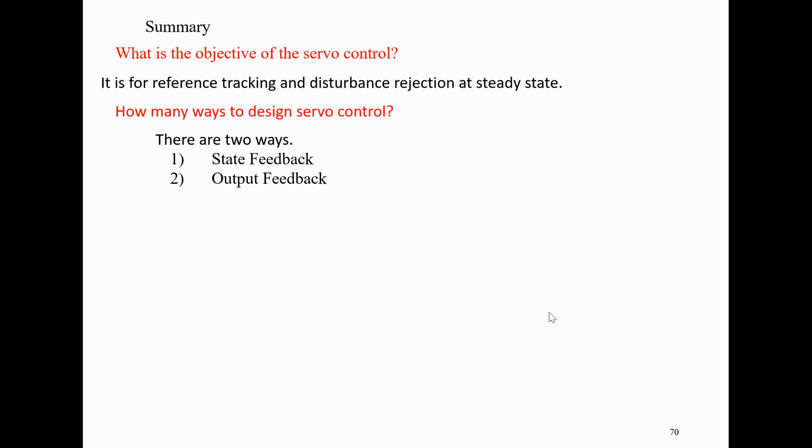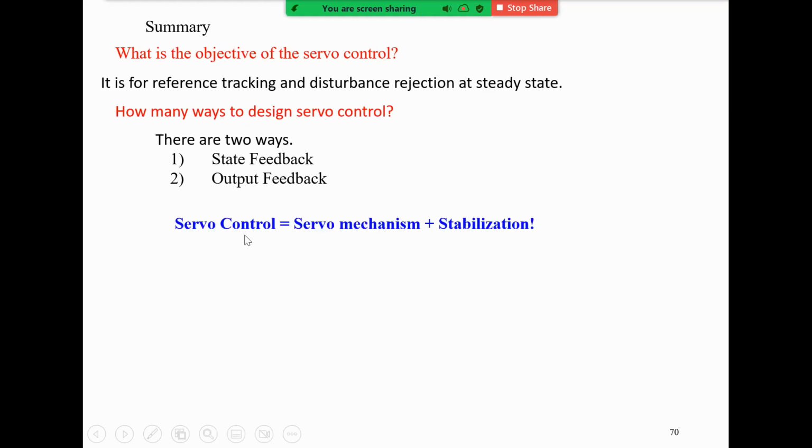If there are multiple inputs and multiple outputs, you have to use the state feedback. But remember, no matter which way you use, there are always 2 parts in the solution. You need to know how to stabilize the whole system. You need to put some servo mechanism as a part of your solution.